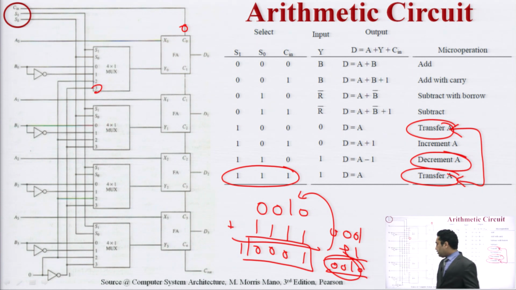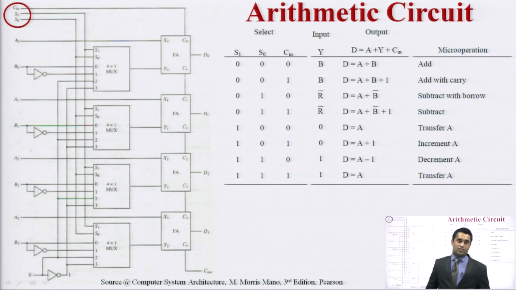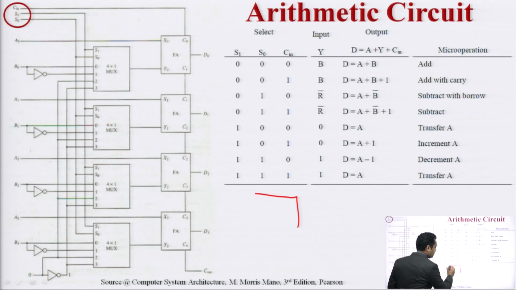Now, if we talk about the usage of this arithmetic circuit, what does it mean? The arithmetic circuit does not work individually. We have a complete ALU. As I said, we have a part which is the arithmetic circuit.